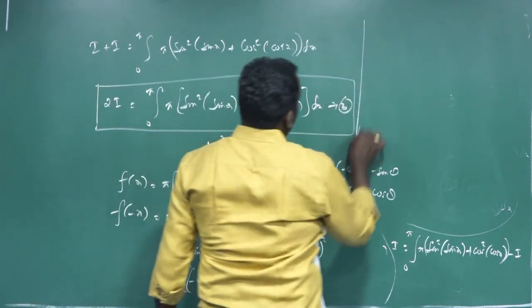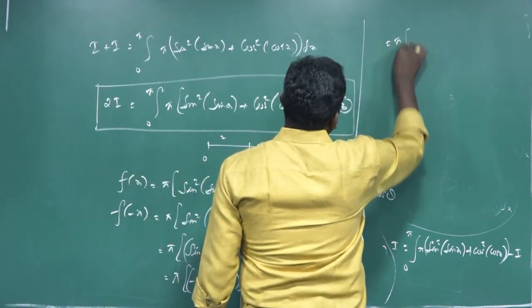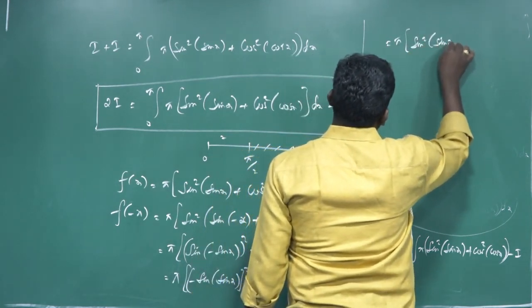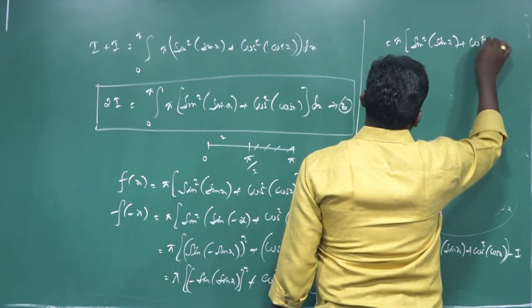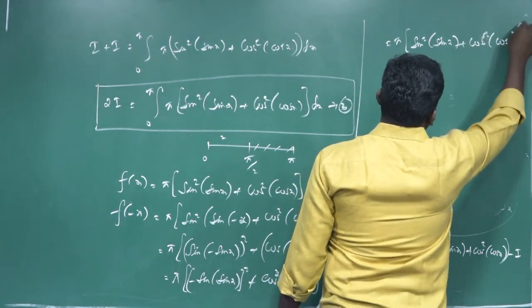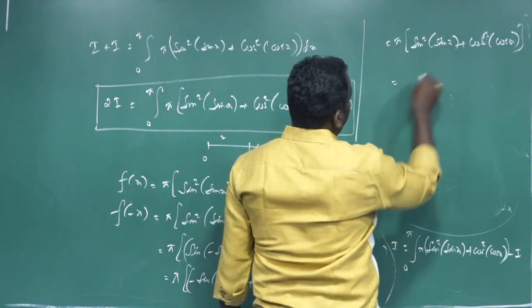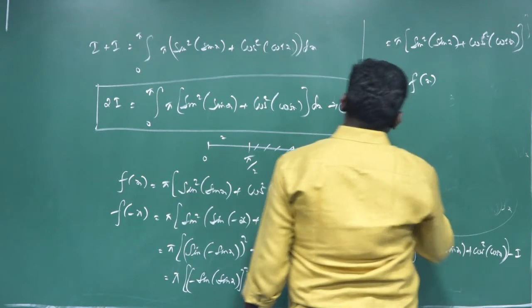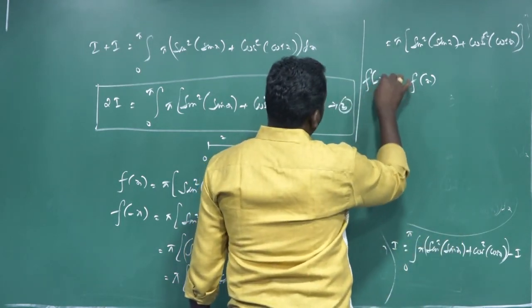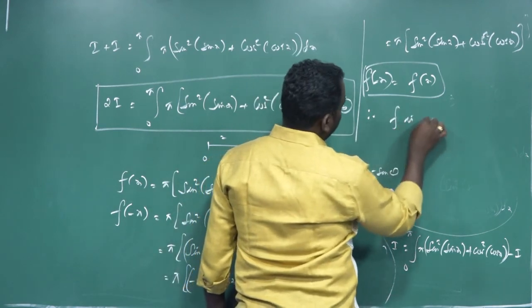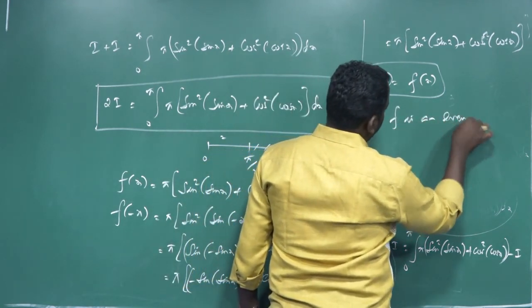Therefore that is equal to pi within the bracket of sin square of sin x plus cos square of cos x, which is f of x. Considering the function f of x, therefore f of minus x is equal to f of x. Therefore we can see the function is an even function.